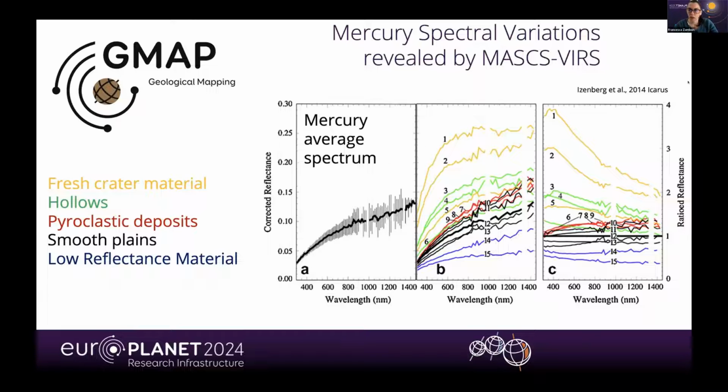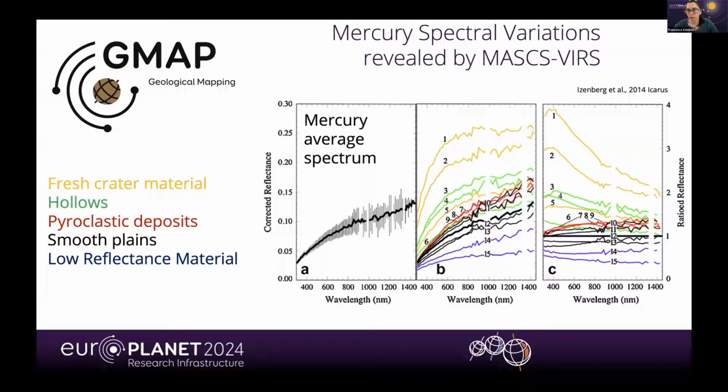So you see better the very high downturn in the UV of the yellow spectra with respect to the others, which are quite flat, for example, in the case of smooth plains and low reflectance material.